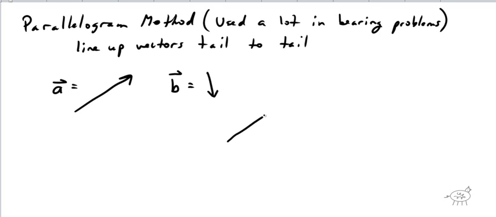So here's vector A, and the other vector is vector B, and it's going to look like this. So that's vector B. Notice, I'm going to highlight this here, these are both the tails of vector A and vector B. We attach those together. Now what we do is we create a parallelogram. So we're just going to do that with dotted lines.